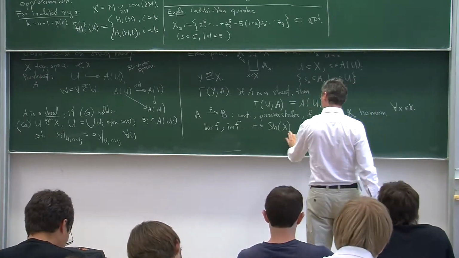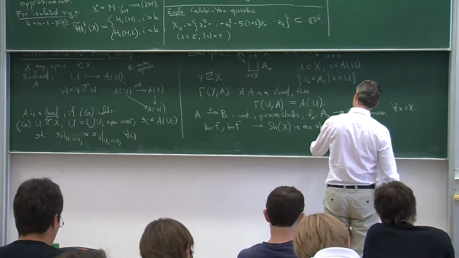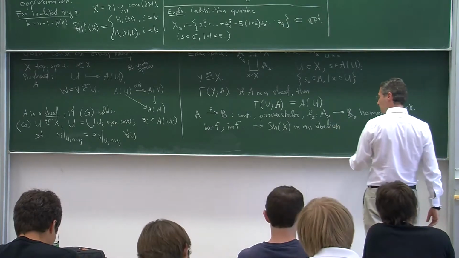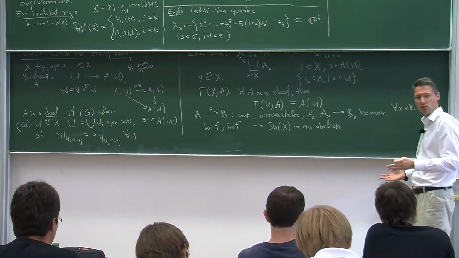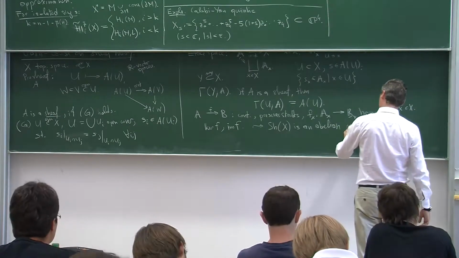So you can look at exact sequences of sheaves. All of these things that you're used to from groups, you can also do with sheaves, essentially. It is an abelian category.